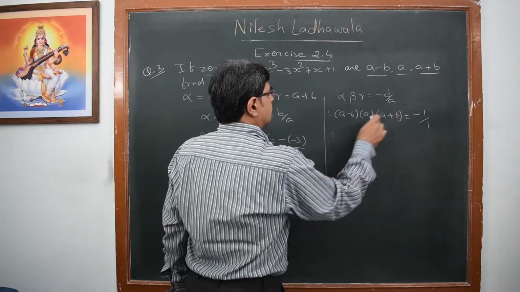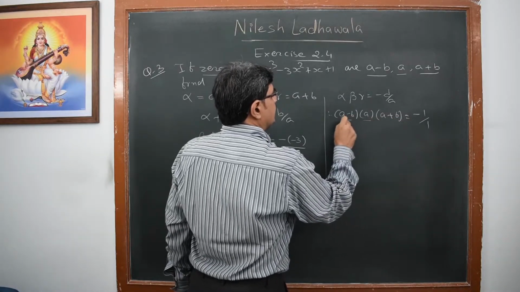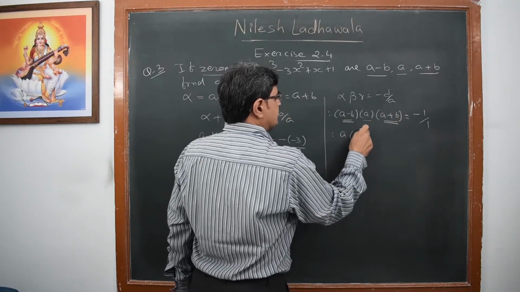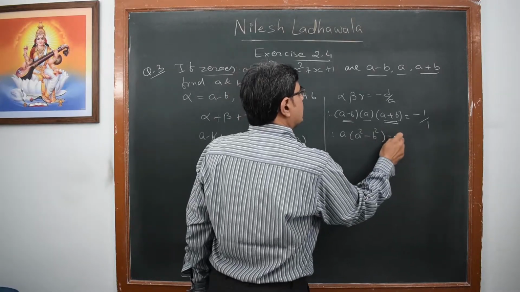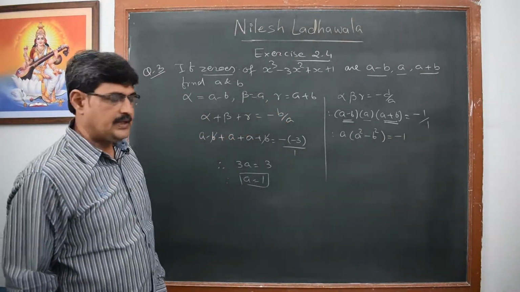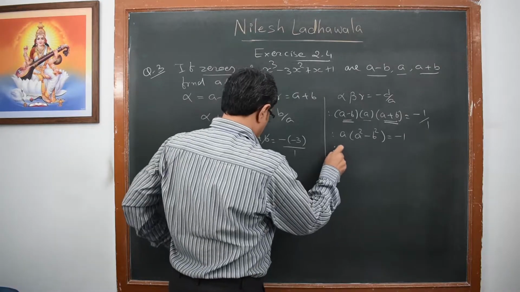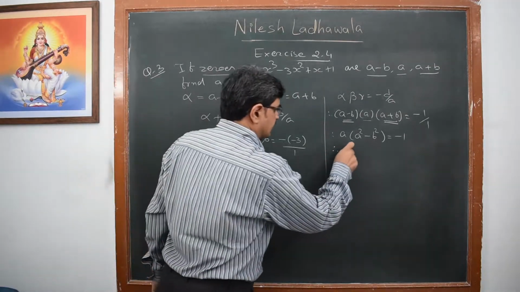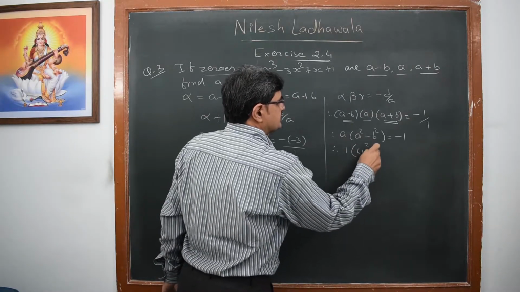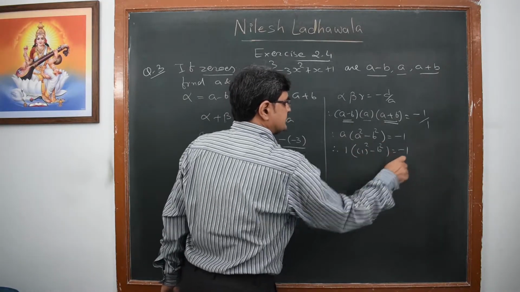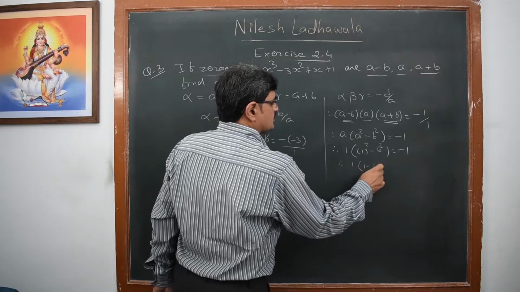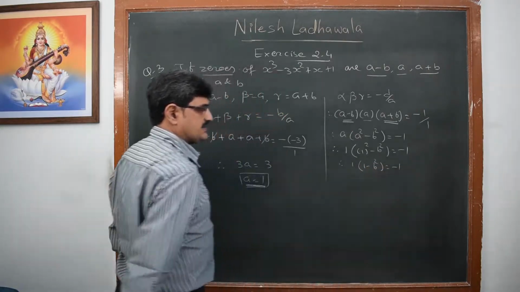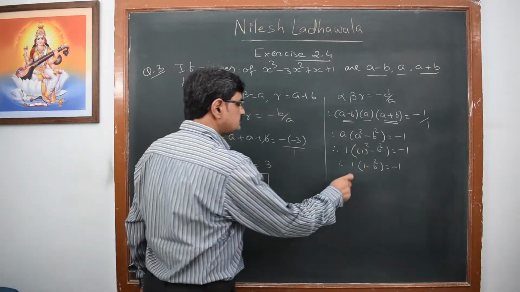Now a minus b into a plus b, its expansion will be a square minus b square. Now I will substitute 1 in place of a, as we have obtained the value of a as 1. So 1 into bracket 1 square minus b square is equal to minus 1. So we have 1 minus b square is equal to minus 1.